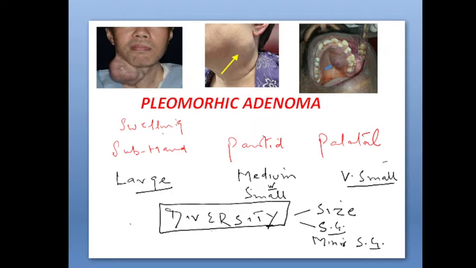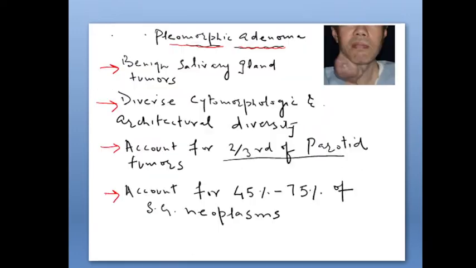The thing is that pleomorphic adenomas are diverse clinically. Not only are they diverse clinically, but they are also diverse on basis of cytomorphology, and there is architectural diversity seen histopathologically.